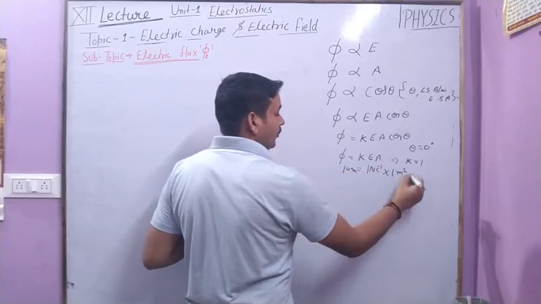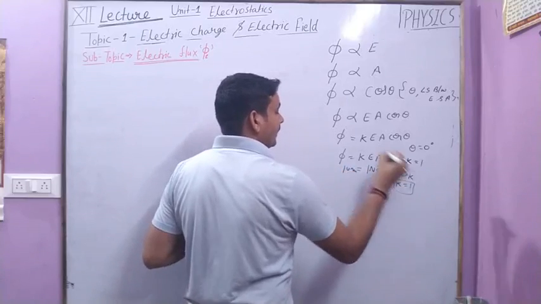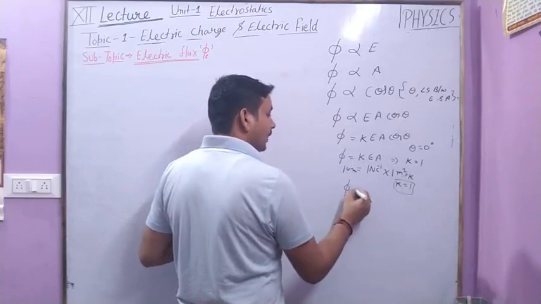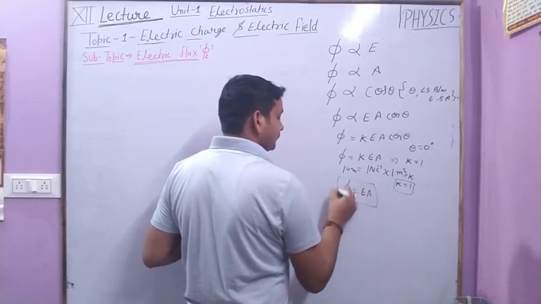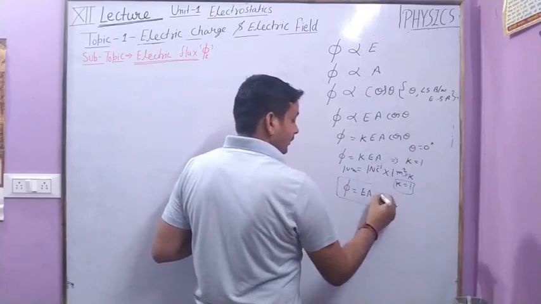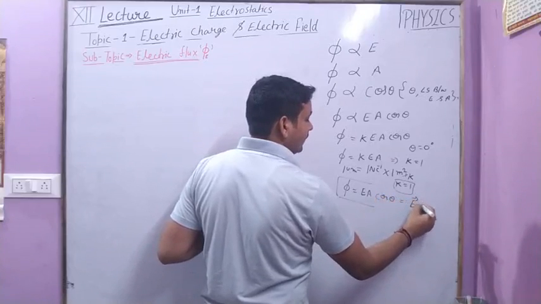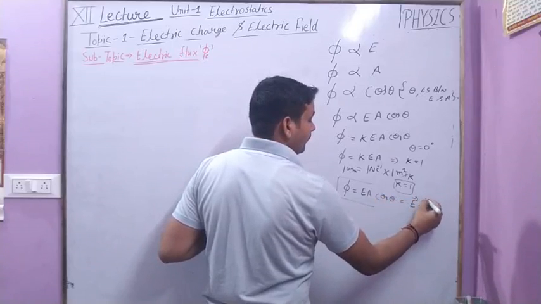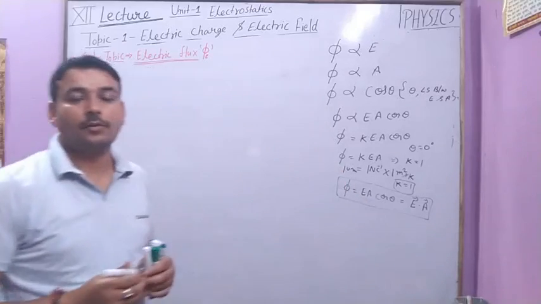So the value of K is 1. Therefore phi is equal to EA, or because it depends on cos theta, we can calculate it as the dot product of electric field and area vector.